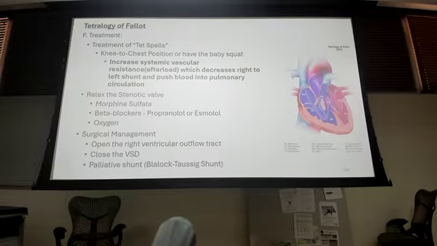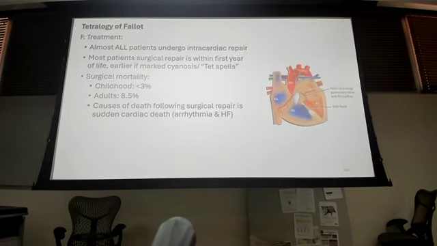The physiologic reason for this is it increases your afterload, so now you have a higher pressure on the left, which will then translate over to the right, which hopefully will cause the flow of blood from the right ventricle past that obstruction to gain access to the pulmonary artery so that blood can become oxygenated and return to the left side of the heart oxygenated. So it's an afterload thing that they're doing that's changing that physiologic condition.